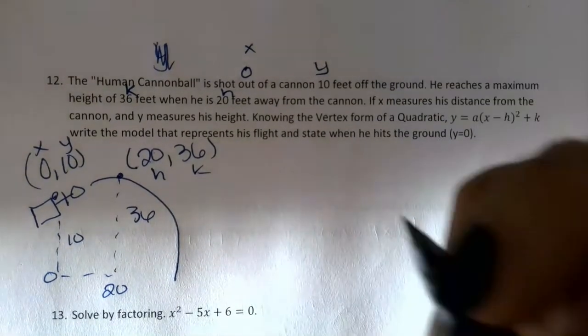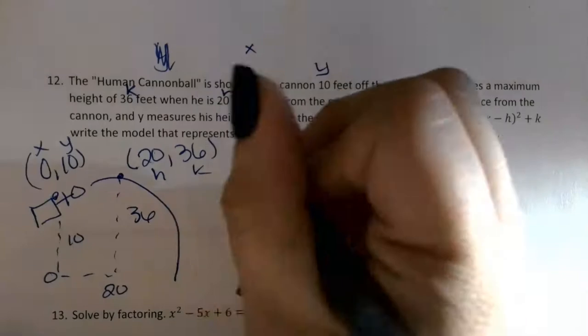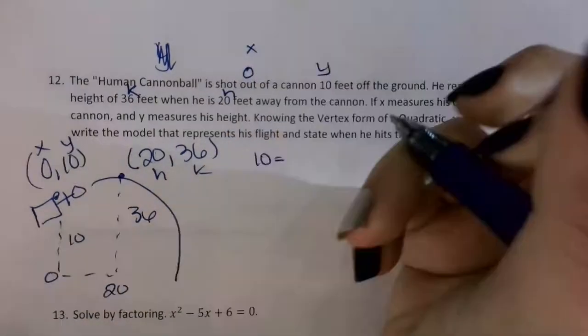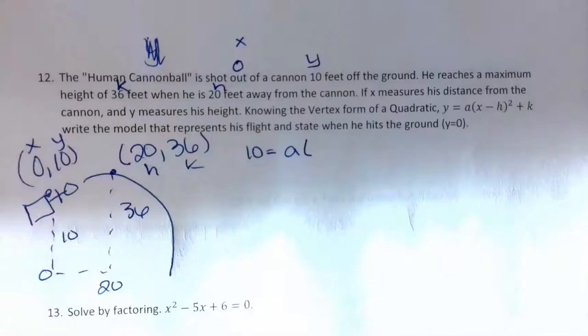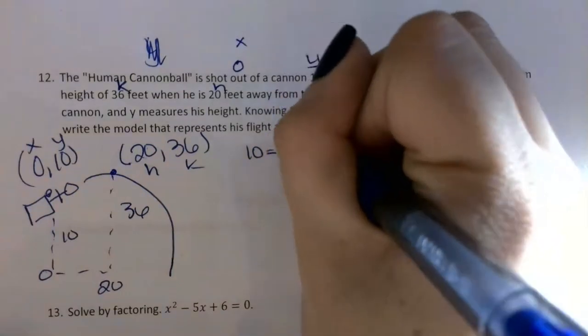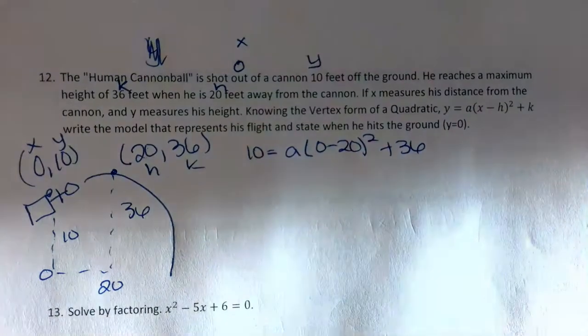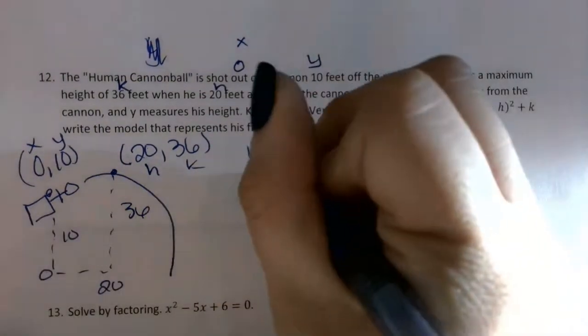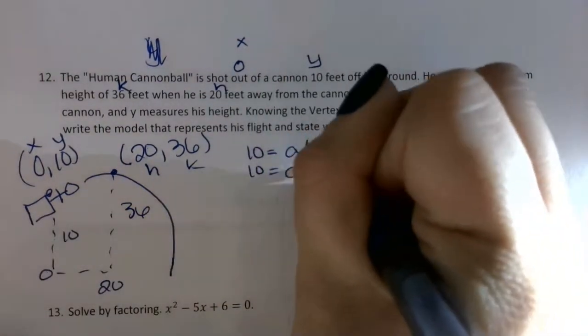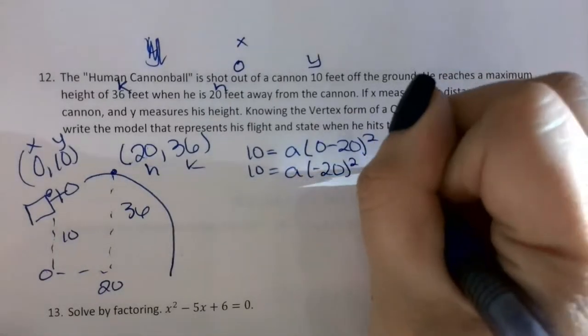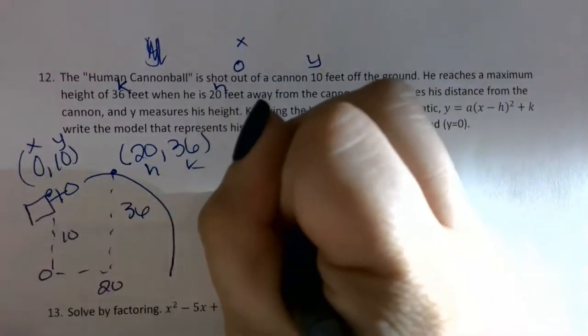Okay, so then I'm plugging into this formula. I have 10 equals A, parentheses, 0 minus 20 squared, plus 36. 0 minus 20 is negative 20. Negative 20 squared is 400.